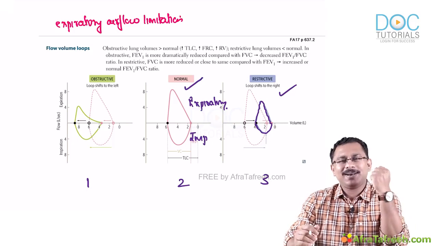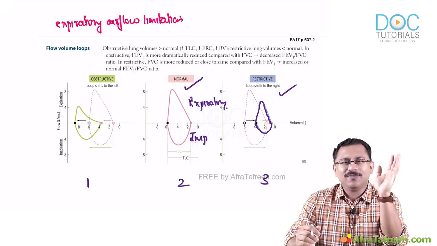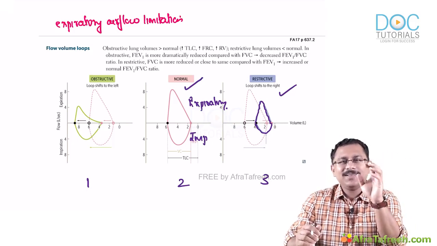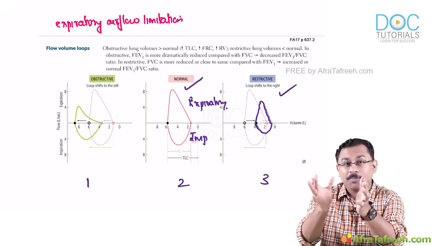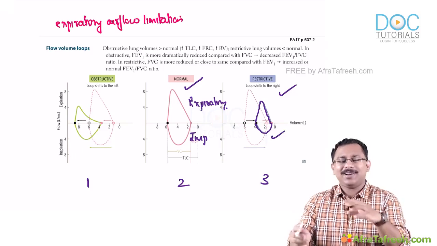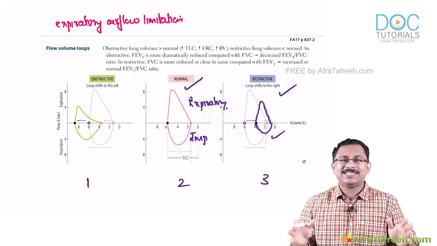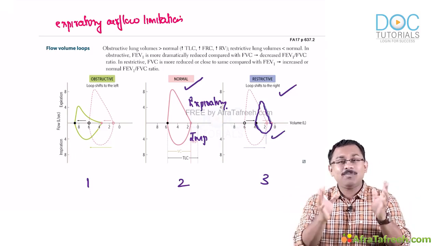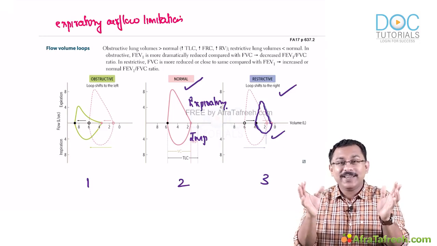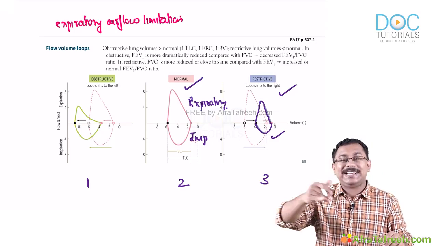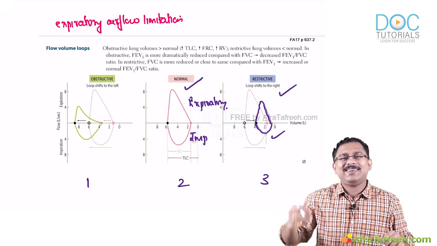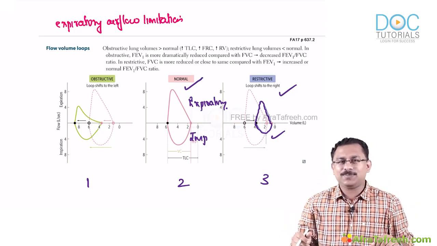And if you remember, even when we saw the volume time plot, the plot was very similar to normal individuals, but it was smaller. Here also you will have a flow volume loop, the shape of which is similar to the normal one, but very small. This is in contrast to obstructive, where you can have a change in the shape. You have a concavity in the downward part of the expiratory limb.